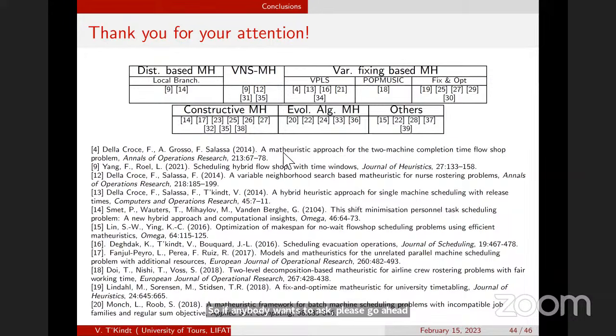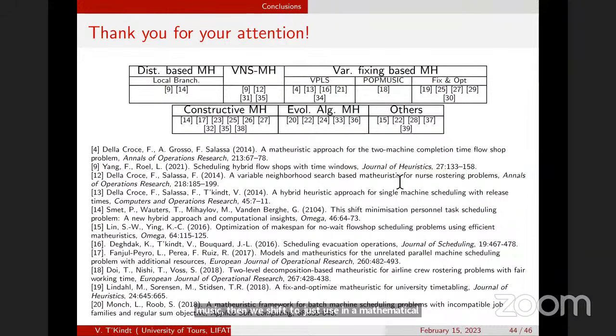May I ask a question? Go ahead, sure. So I'm Nasser. I have just a question to understand matheuristics. So sometimes, for example, we develop a branch and price algorithm to solve a scheduling problem like flow shop. Sometimes we use a metaheuristic to solve subproblems until the metaheuristic cannot provide good solutions, then we shift to using mathematical models to solve them optimally.